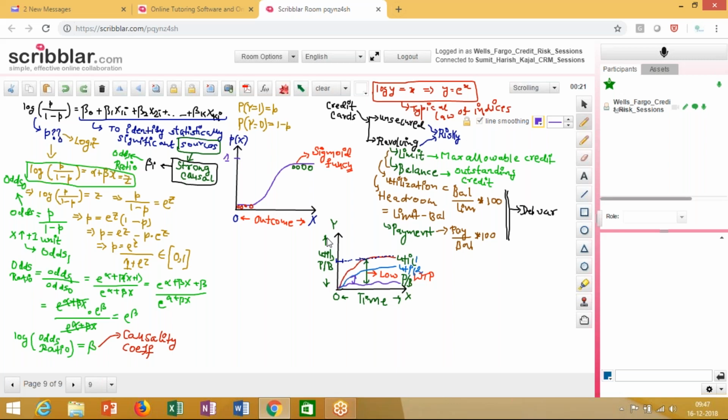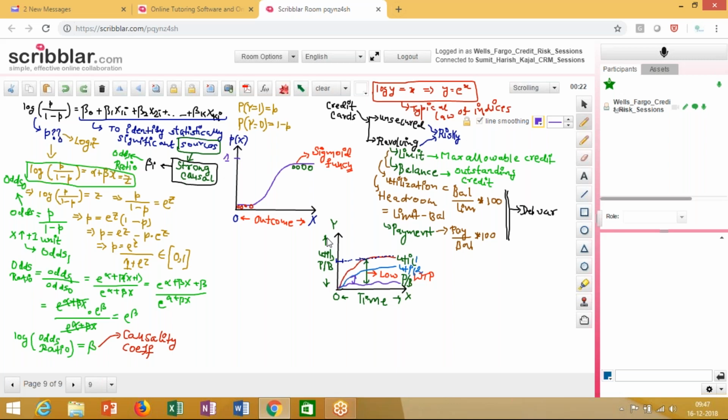So let's consider some basic variants of utilization. Right now, what I'm always trying to do is predict the next 12 months default rate, right, or the next 12 months probability of a borrower to default. So the variables that will help me do that will be the lagged variables.